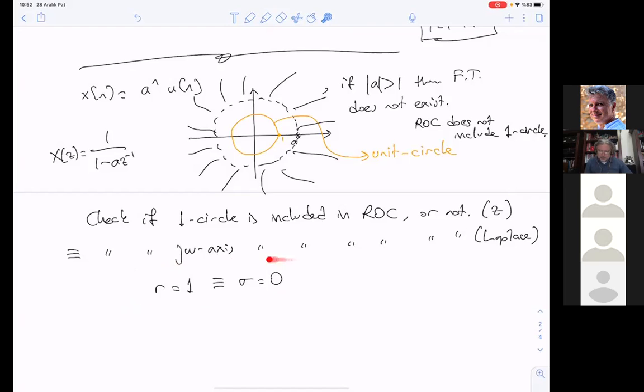Finding the similarity of regions of convergence, where it must include the j omega axis or the unit circle, are equivalent things.